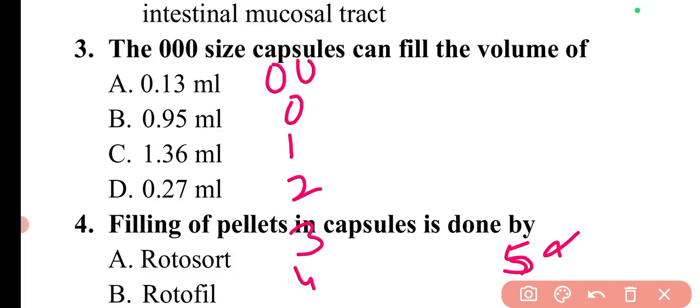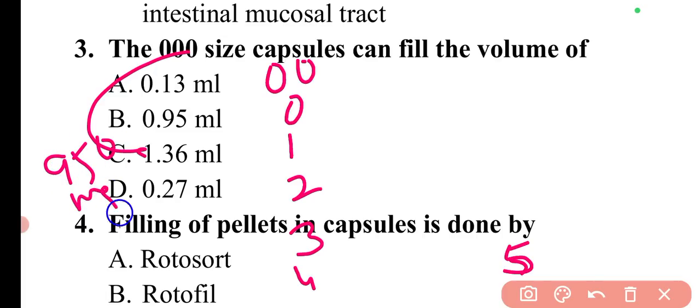5 is the smallest capsule size, and now we can find out what approximate volumes in mls can be filled in the capsule. So for 000 we have seen it is 1.36 ml, and if I talk about mgs, the quantity for 000 capsule will be around 950 or 960 mg approximately.